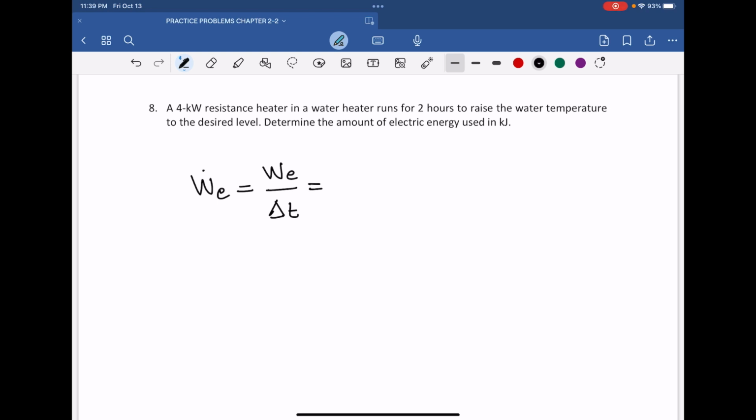In this case, the power is 4 kilowatts, which is 4 kilojoule per second. The time is 2 hours, which is 7,200 seconds. And I need to find the electric work.